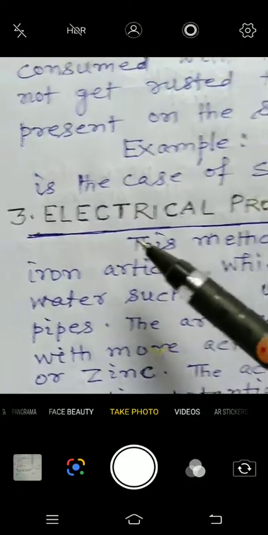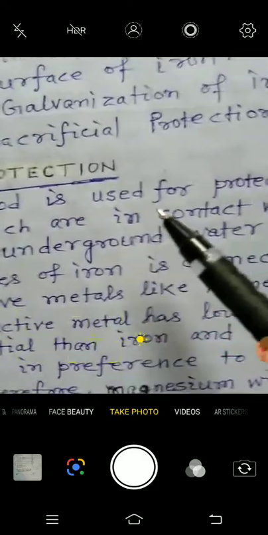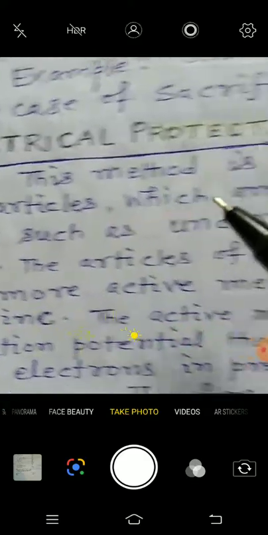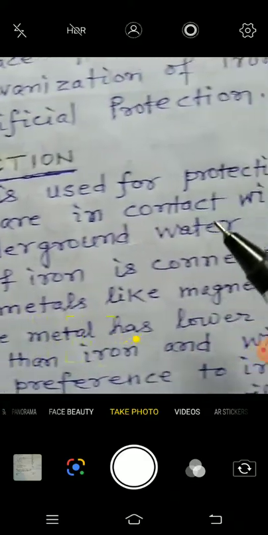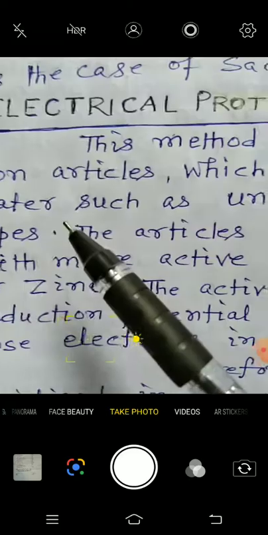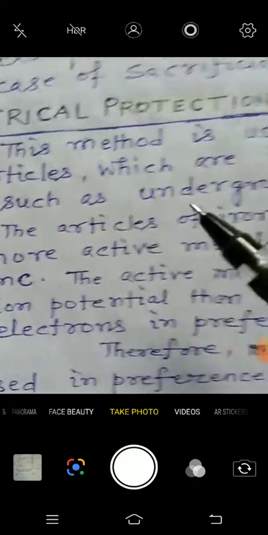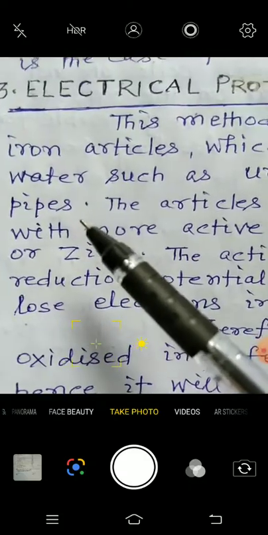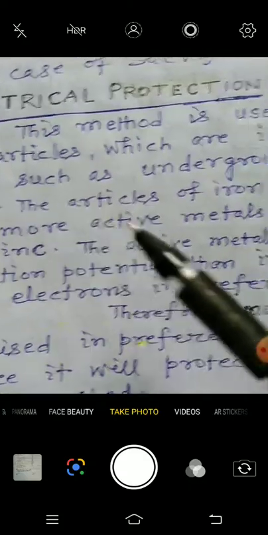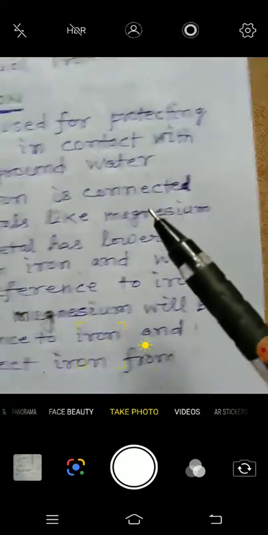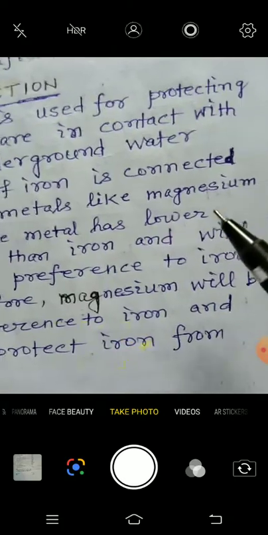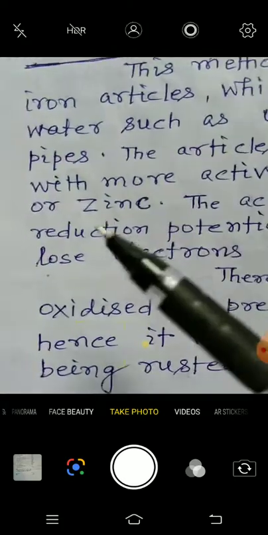Now, electrical protection. This method is used for protecting iron articles which are in contact with water, such as underground water pipes or ships. The iron article is connected with more active metals like magnesium or zinc.